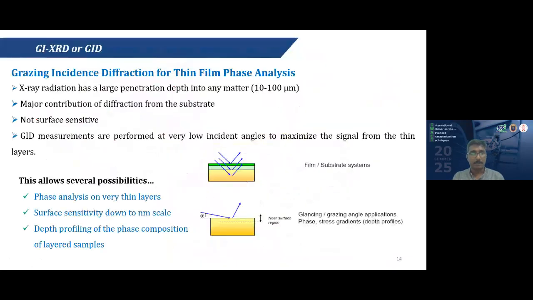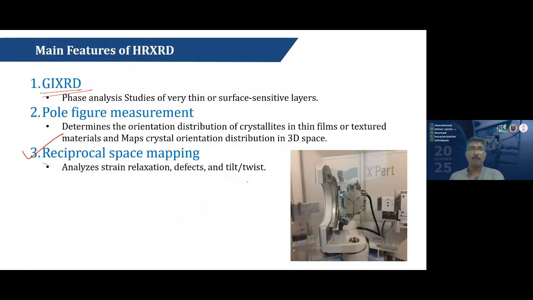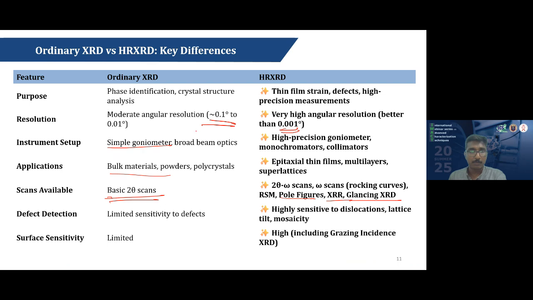As I said, it can have a resolution beyond 0.001, and in most cases it will be around 0.001 degree. In XRD, we can do only the theta-2 theta Bragg-Brentano geometry, whereas in HRXRD we can do 2 theta-omega scans, omega scans, reciprocal space mapping, pole figure analysis, and all these things.